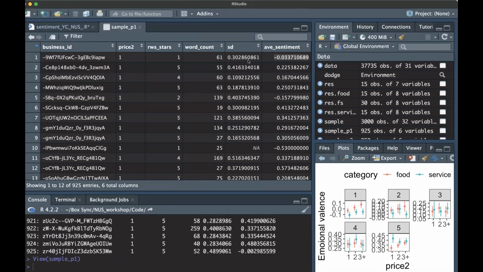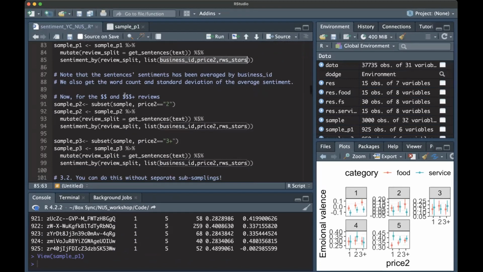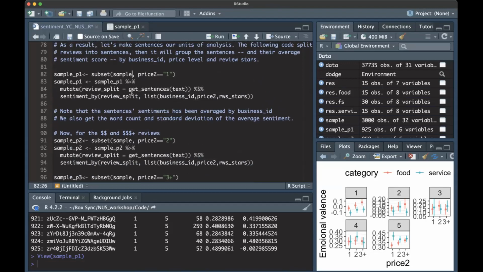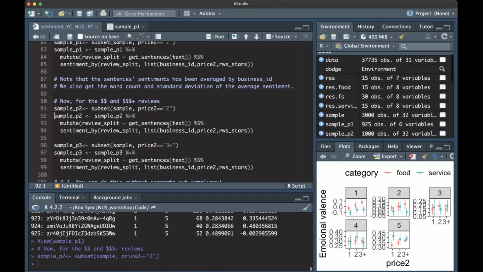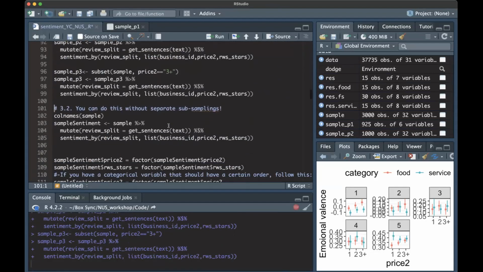You also have a standard deviation, word count, and review stars. These two are there because of this line of code. As you can see, it's quite straightforward, right? Here we focus on $1 merchants, and let's do the $2 and $3 merchants.